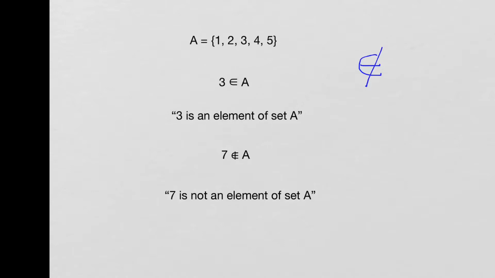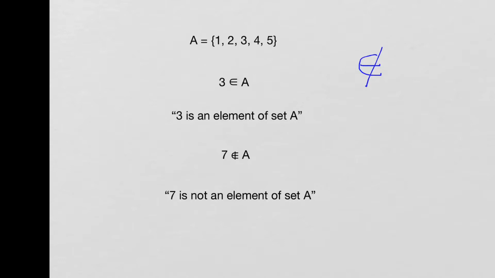So either way, it's an E that's crossed out. And we read that as 7 is not an element of set A. So that's what these symbols stand for, is an element of or is not an element of. So it's always talking about something being an object within the set or not being an element within the set.